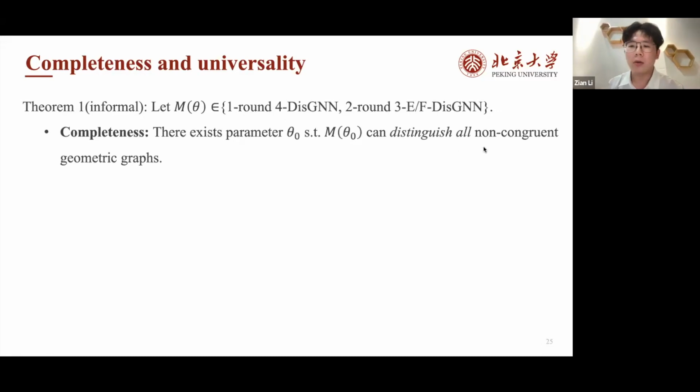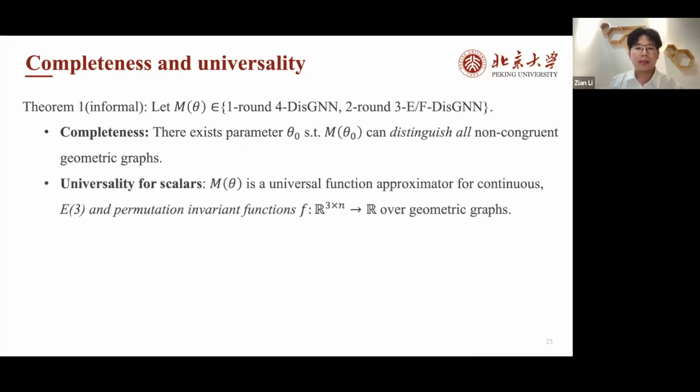And here, non-congruent means the two graphs are not geometrically isomorphic. They are not the same under E3 transformation. And the second property is they are universal for scalars, meaning that their m theta is a universal function approximator for continuous, E3 and permutation invariant functions over geometric graphs.